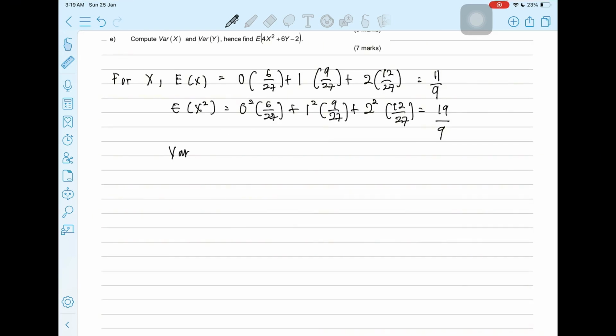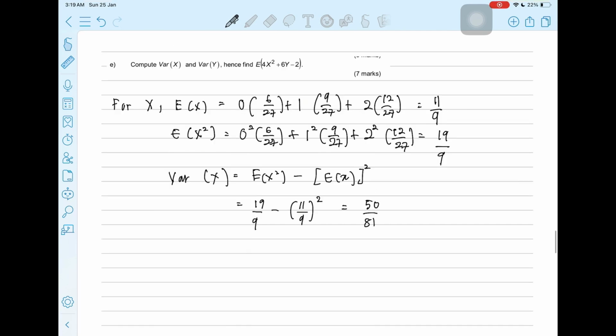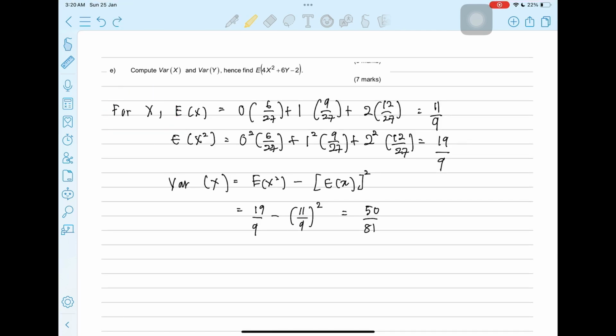So variance of x, we just follow the formula, and we get 19 over 9 minus 11 over 9 squared. So the answer is 50 over 81.